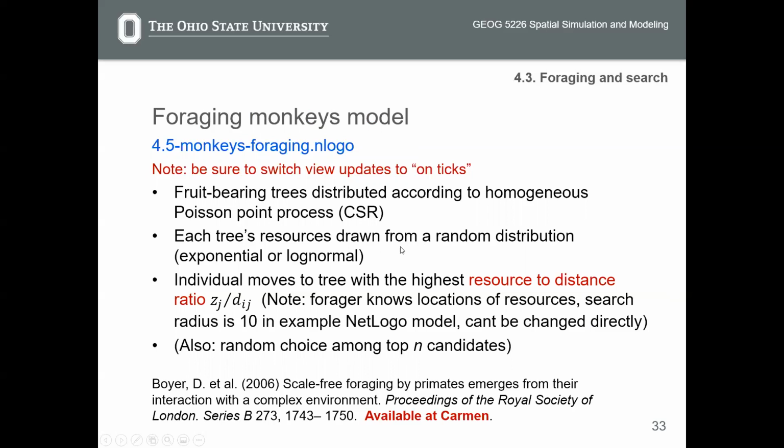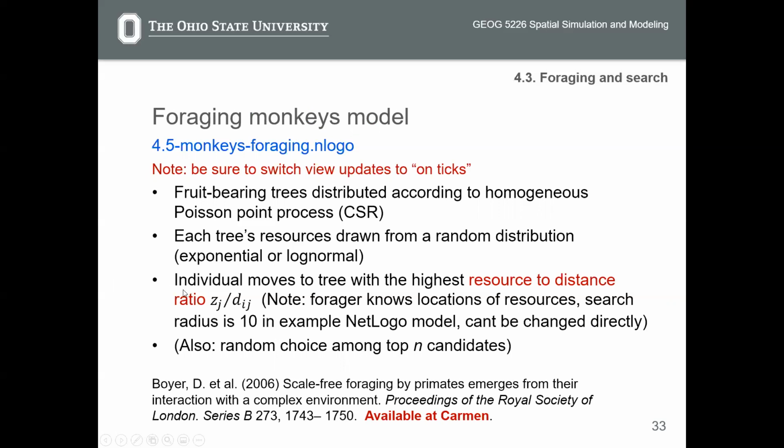Each tree's resources are drawn from a random distribution, exponential or log-normal. It means that the amount of resources on each tree is different. Some trees are full of bananas. Some trees only have one or two bananas on them. How do we decide the amount of resources on each tree?